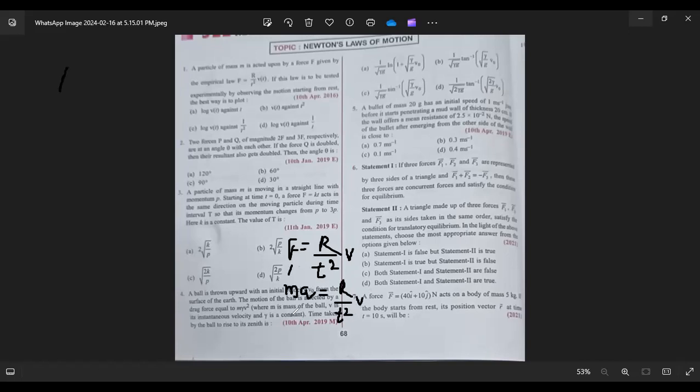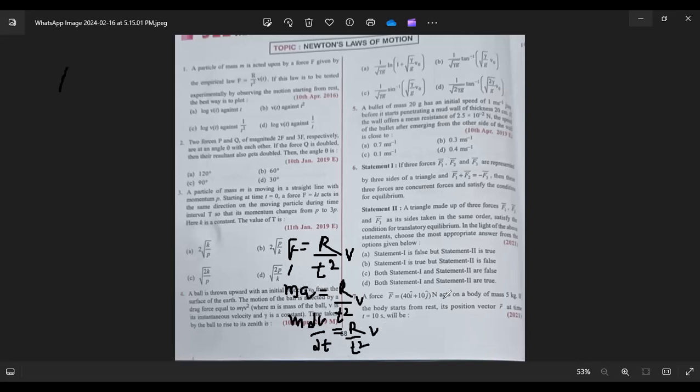You know what acceleration is: the rate of change of velocity is called acceleration. So dv by dt is equal to R upon t square into v.